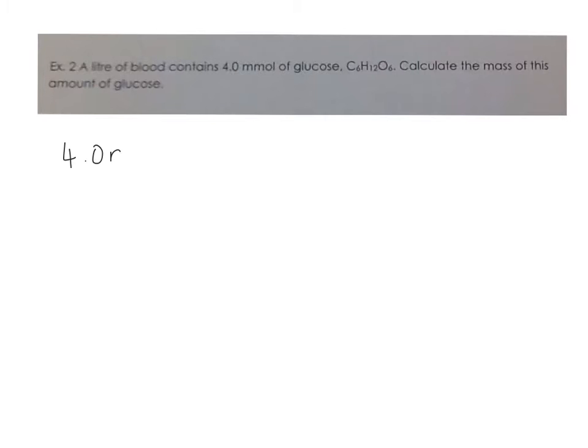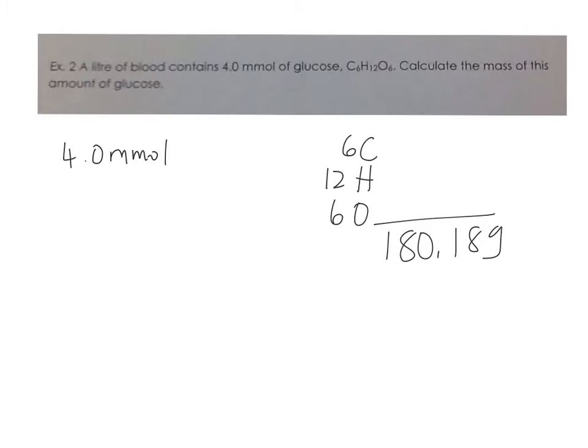We have 4 millimoles of glucose. We don't have the molar mass of glucose, but trust me, it's 180.18 grams per mole. So I know I've got 180.18 grams for every 1 mole.